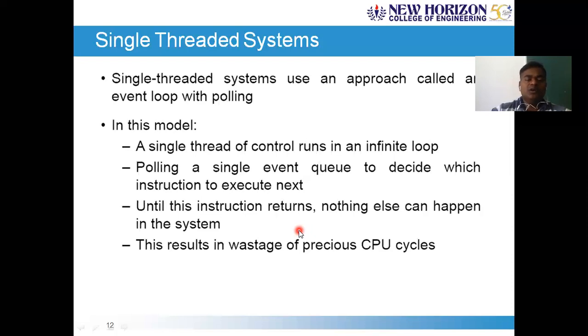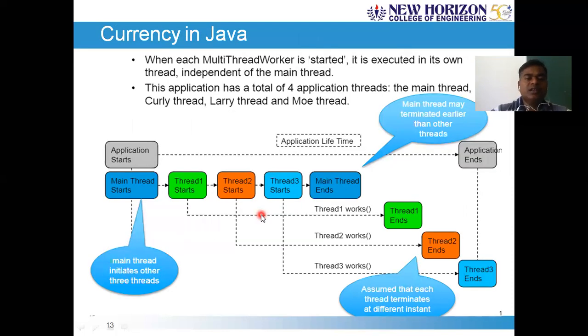Now we'll move on to the next type of system, concurrency in Java, or the multi-threaded system. When you are executing a single program, by default, without our knowledge, a single thread of execution will always be running.